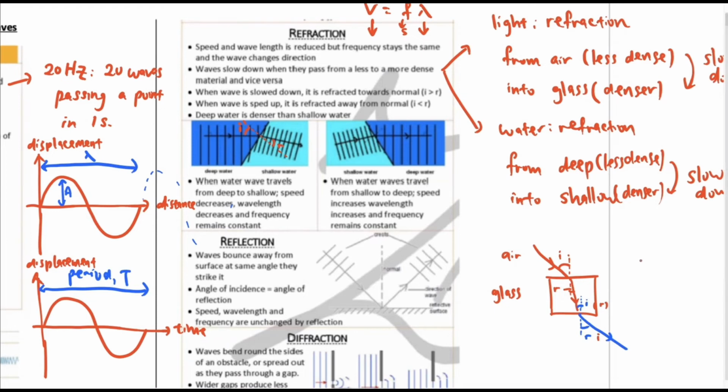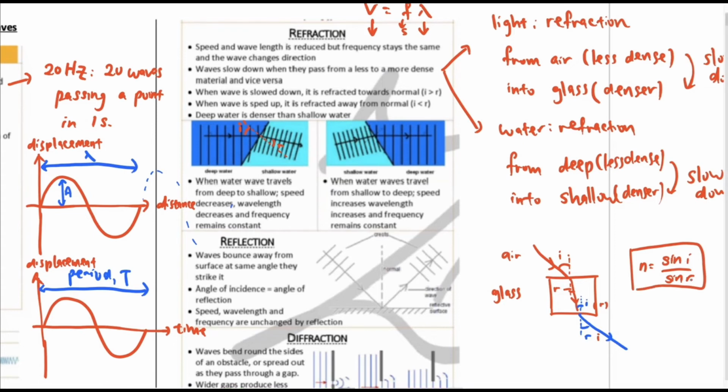For the refractive index, we have n equal to sine I over sine R. So n equals sine I over sine R. I write it down here. So this formula.